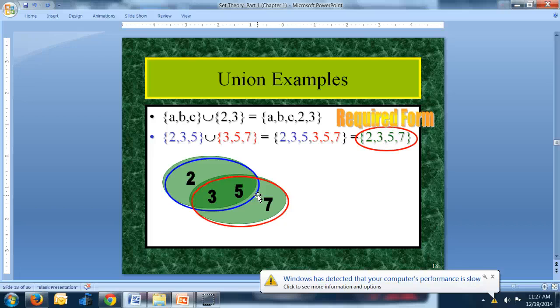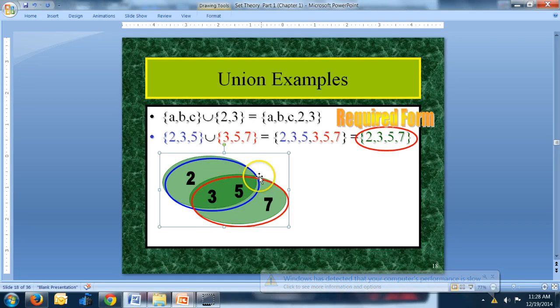Remember, 5 was repeated and we removed one, and 3 was removed once. So we end up with the diagram here. The number 2 is in the first set and doesn't belong to the second set, and the 7 is in the second set and doesn't belong to the first one. 3 and 5 belong to the part we call the intersection. The whole thing here is called the union.